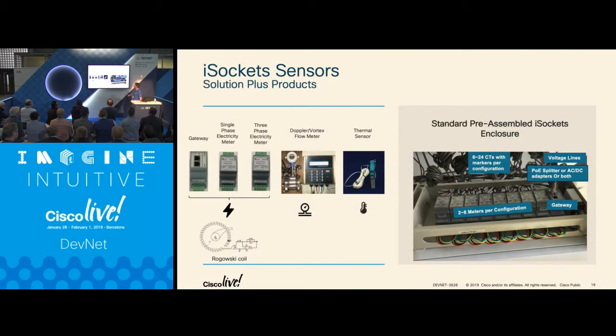So this is how it looks like. We have a number of single phase, multiple phase. This is how the gateway looks like. We also have a number of other things that you can add if you want. Thermal sensor, and we have a flow sensor for liquid. Typically, we're going to be using flow for cooling systems.